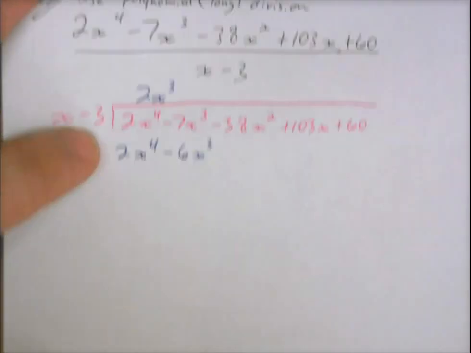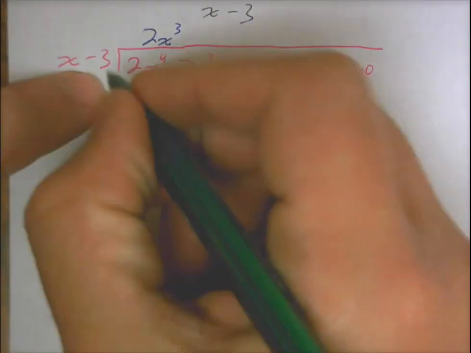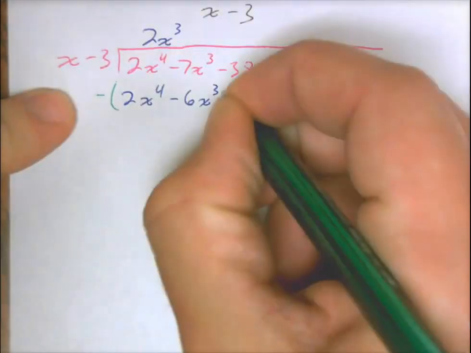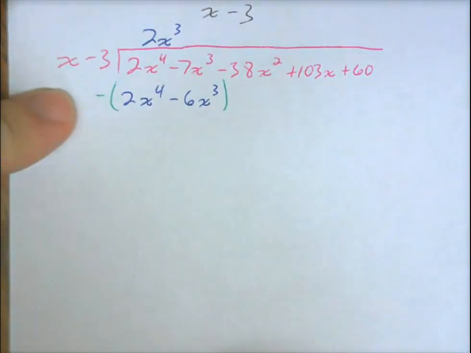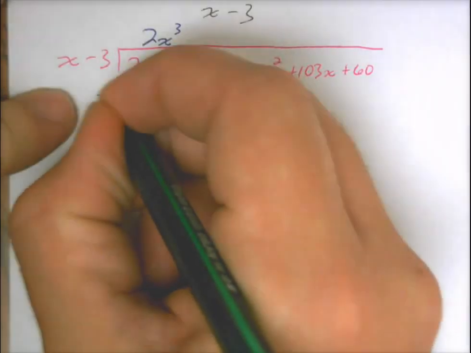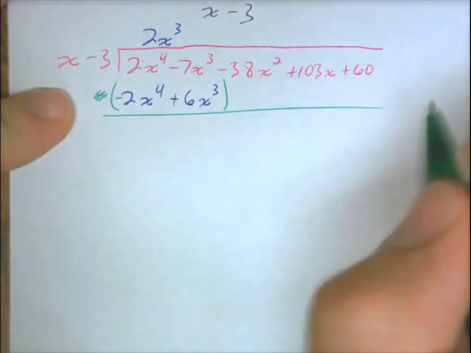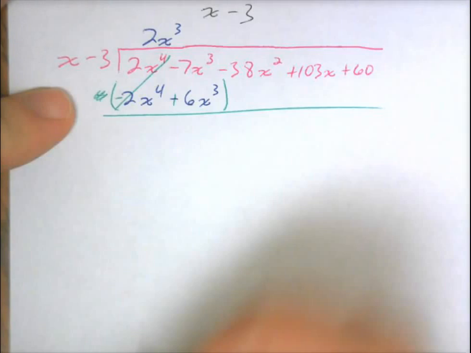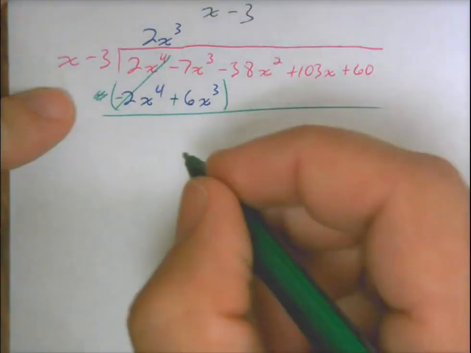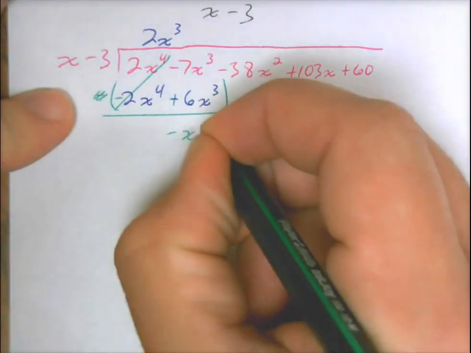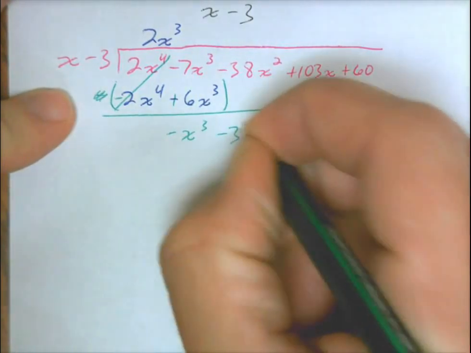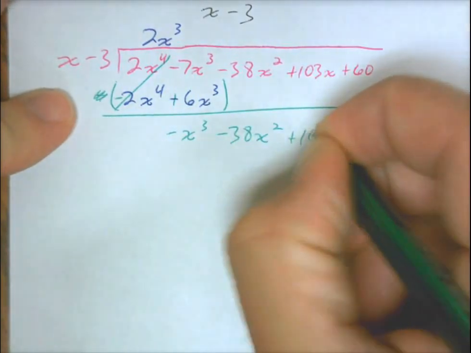You have to subtract the entire line. So really this is going to become -2x to the fourth plus 6x to the third. That will make 0. If it doesn't, then you did something wrong. Go back and check your work. Then you have -x cubed minus 38x squared, and I'm just copying here.